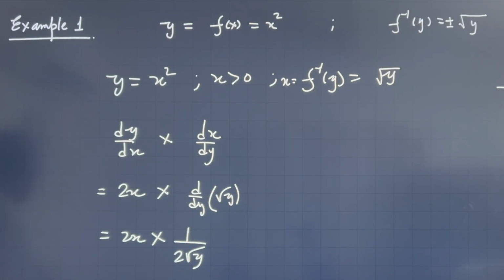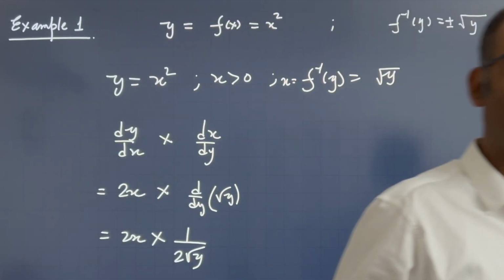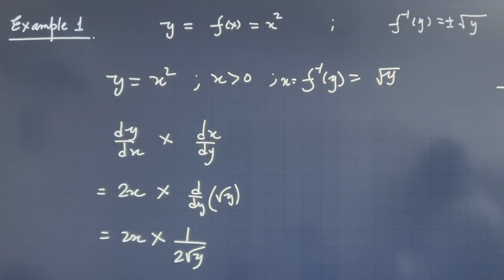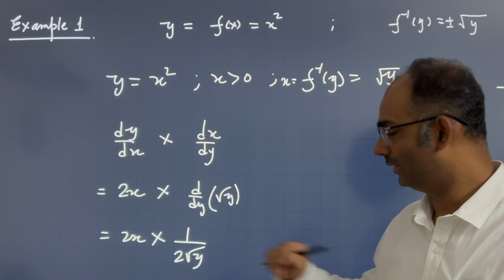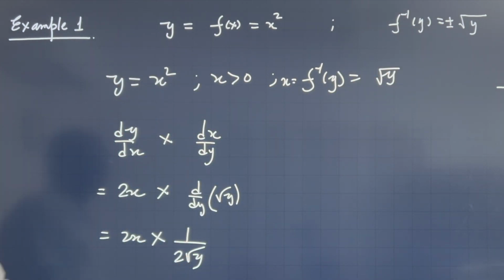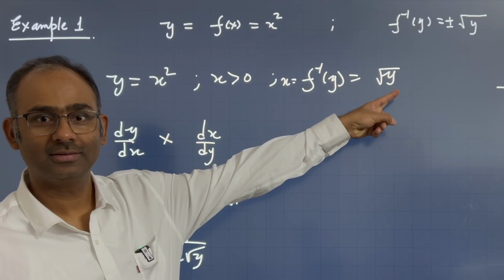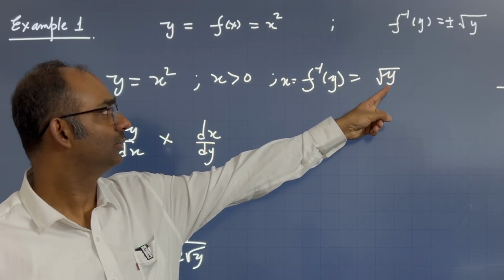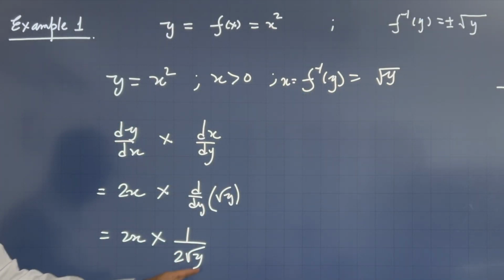You remember? Derivative of square root of x is 1 over 2 square root of x, or derivative of square root of y is 1 over 2 square root of y. But what is square root of y? X. See here, square root of y is x. So that is 1 over 2x. Okay, good.